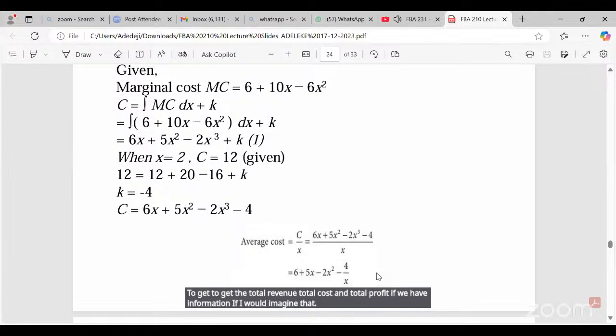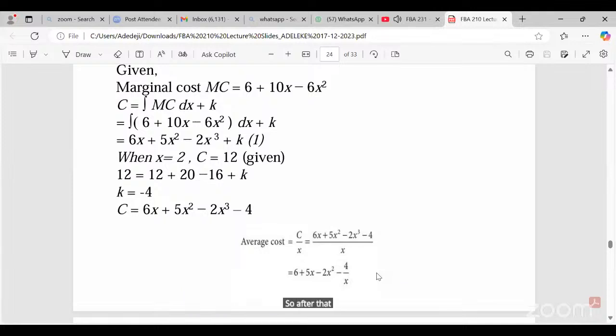After that, we listed some basic definitions: cost function, marginal cost, variable cost, demand, supply, and the likes. After which I took only one example.